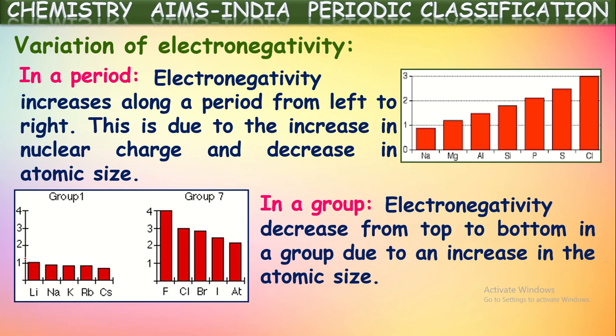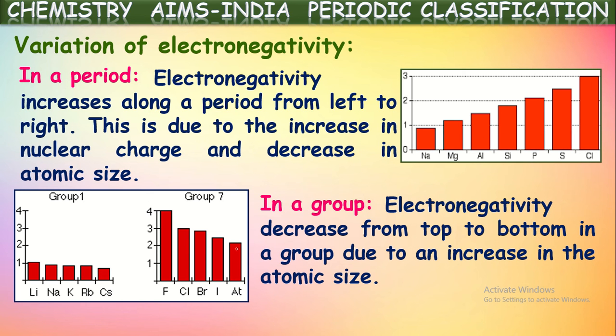As we move from lithium to cesium, their size increases, so attracting power decreases, hence electronegativity decreases. In the same way, for halogens, from fluorine to astatine, size gradually increases. As size increases, electronegativity values decrease.